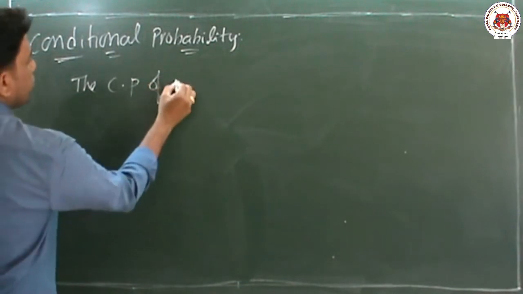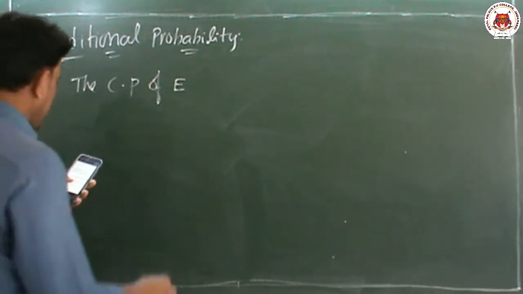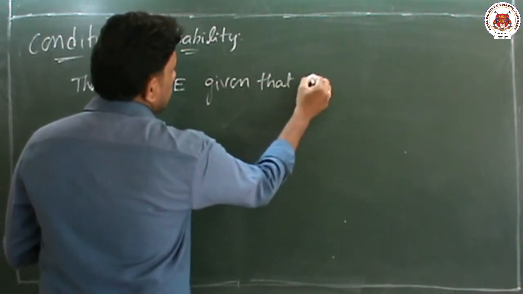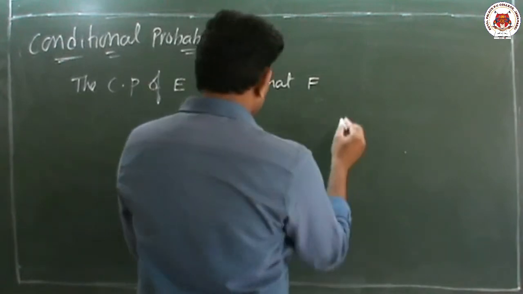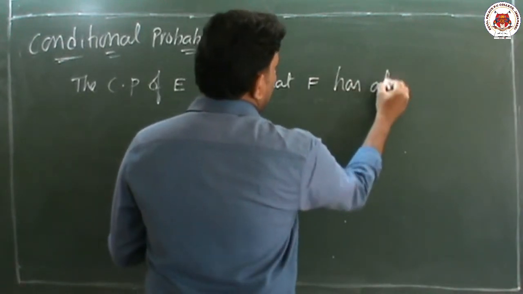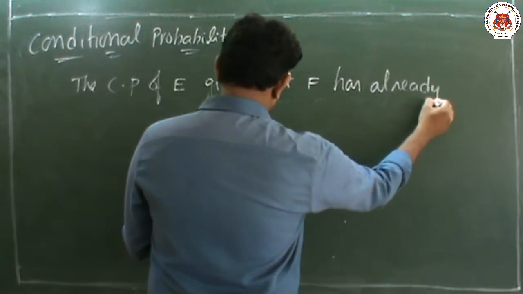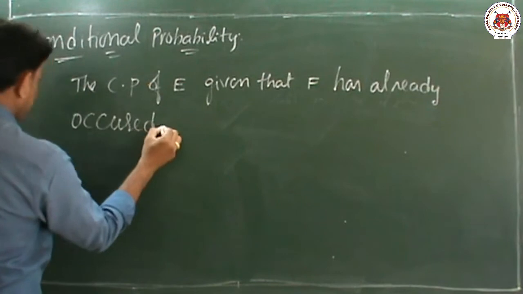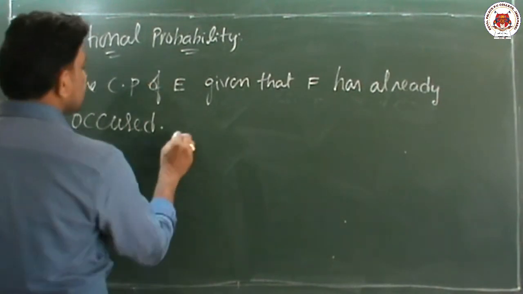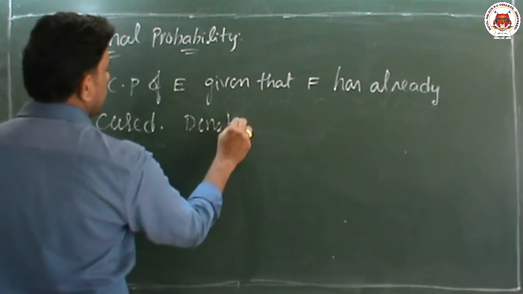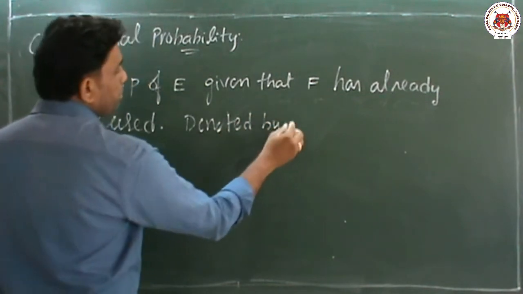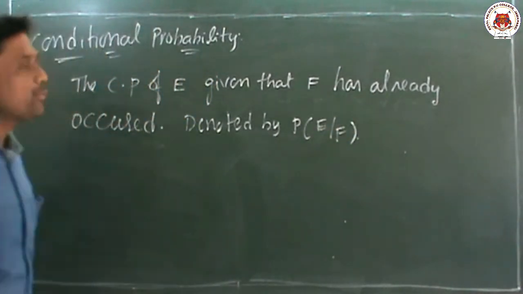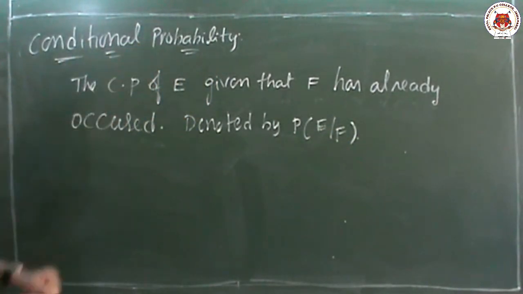The conditional probability of E given that F already has occurred is denoted by P of E by F. This is the definition.